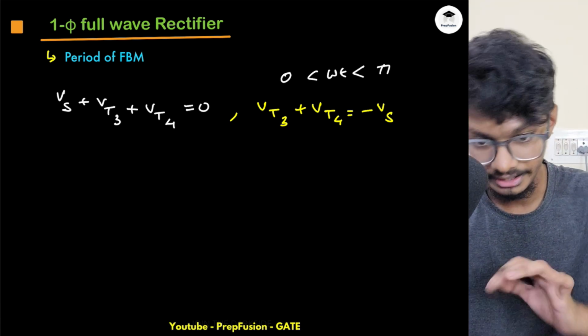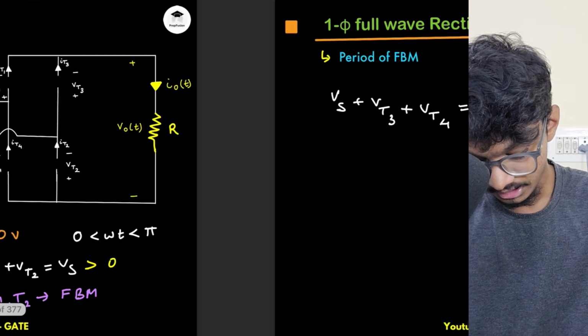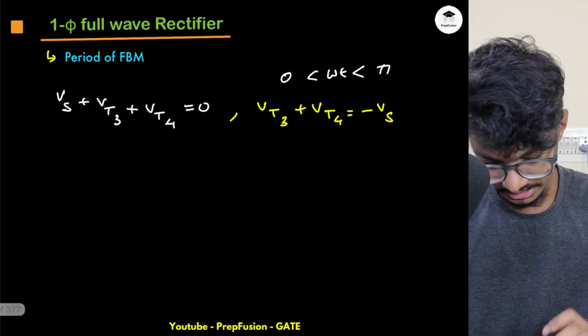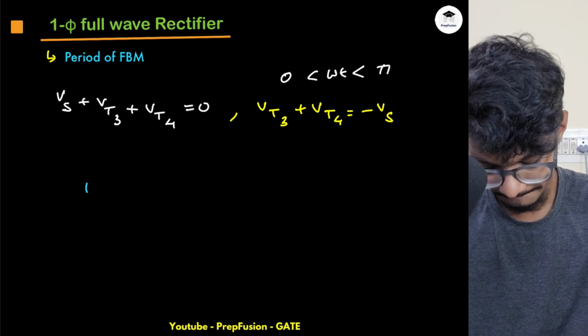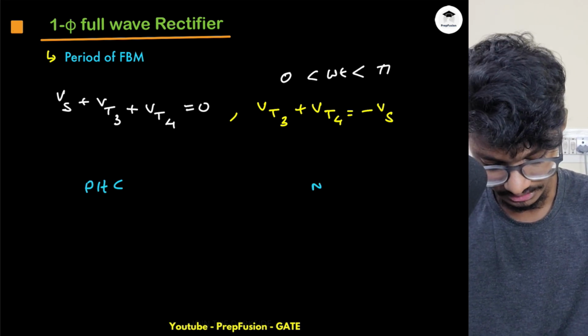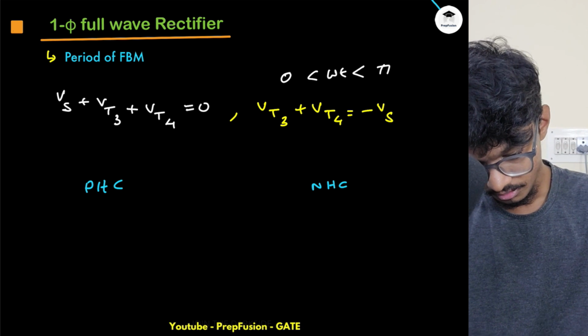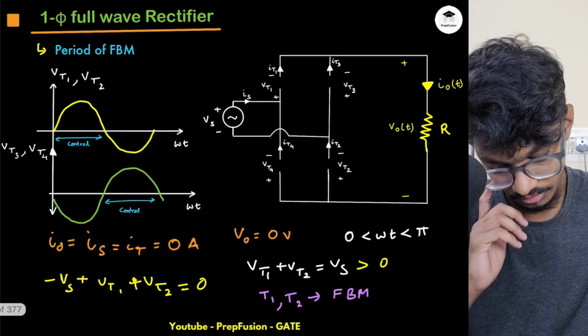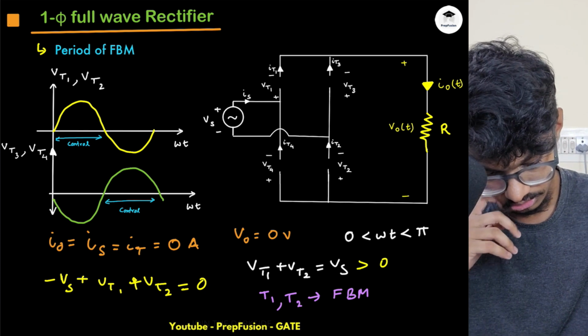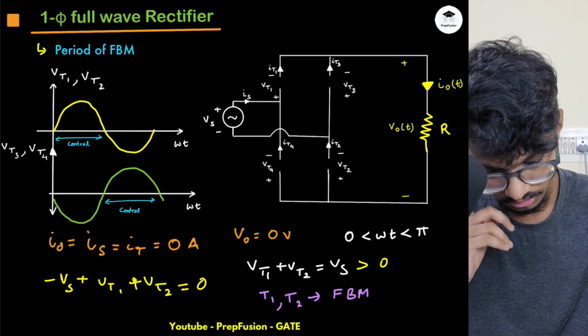So I can summarize quickly during the positive half cycle and the negative half cycle. So my Vt1, am I doing this correctly or not? Just hold on.